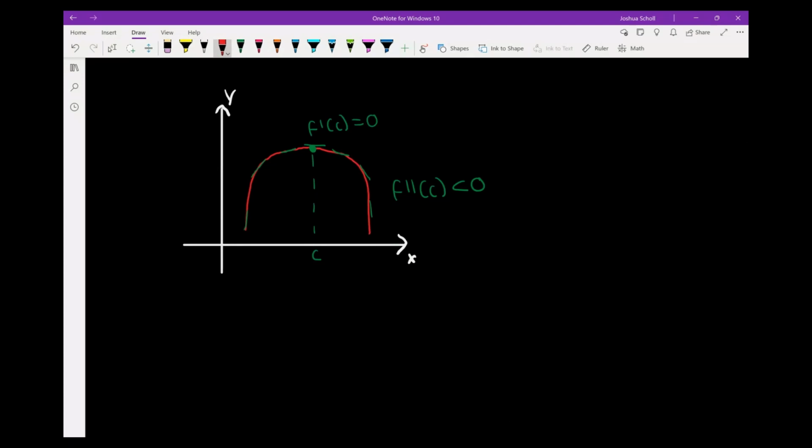Now we can do a similar process for the relative minimum of a function. I could draw one better than that. Okay, so here we have a function with a relative minimum at x equals c.